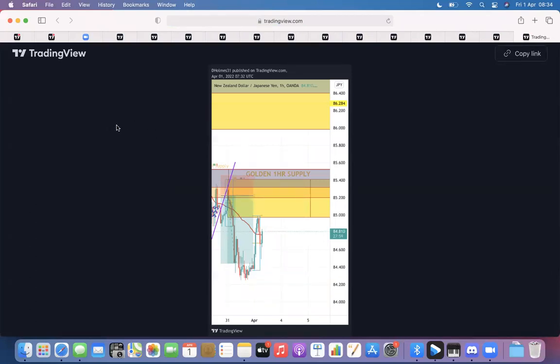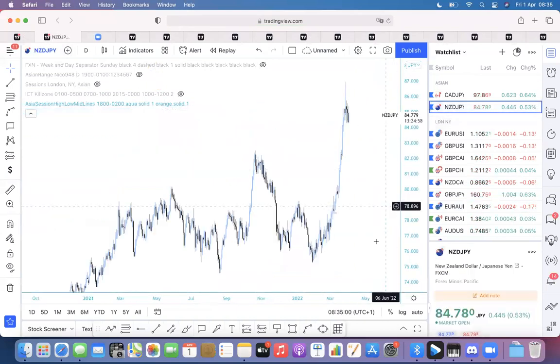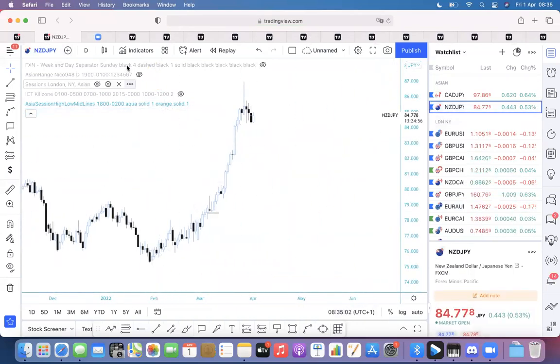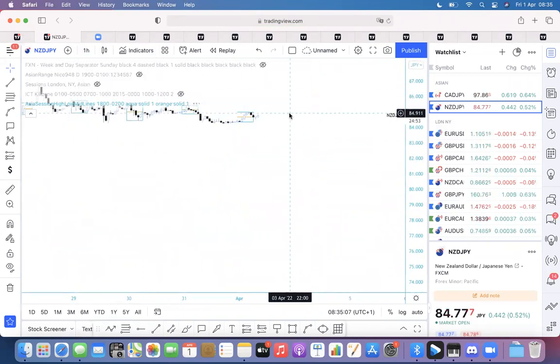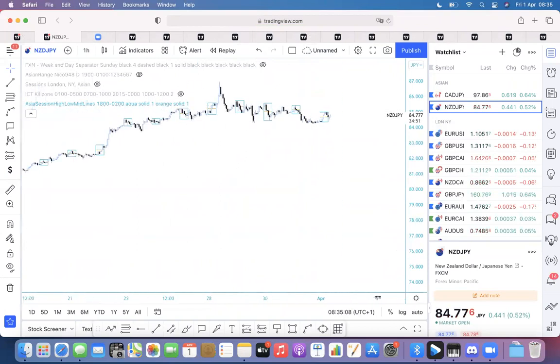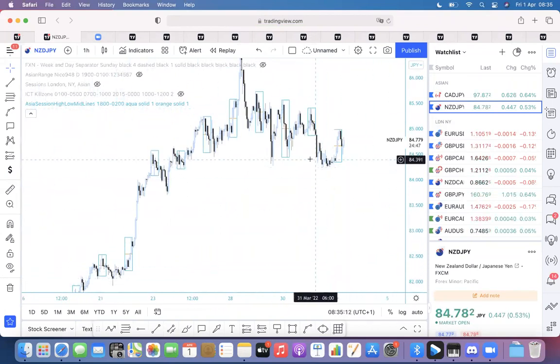NZD-JPY. NZD-JPY, this is your supply. Honestly, I didn't see this on NZD-JPY. Actually see a very strong bullish trend rather than sells. Let me see. Also, structure is bearish, but slightly.